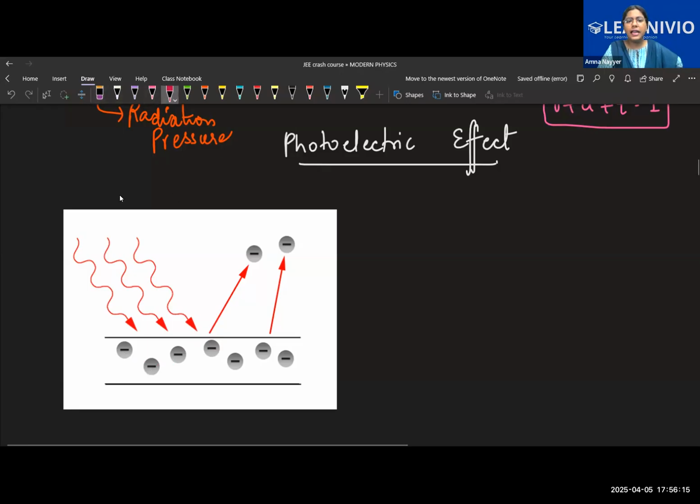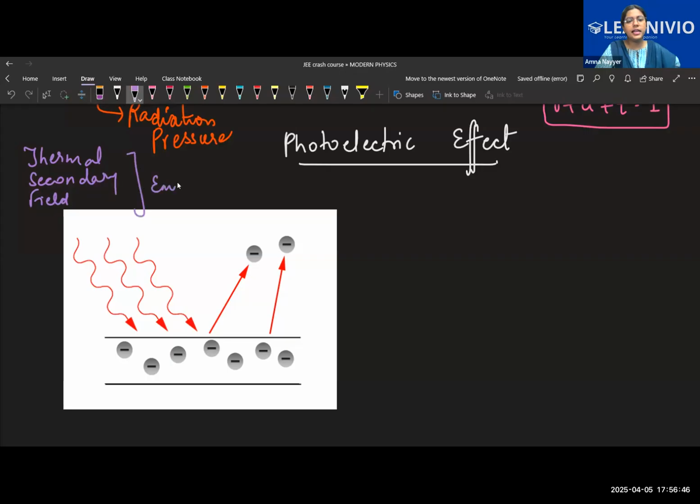Likewise, when cold cathode rays are there, cold cathode rays produce an electric field that ejects the electrons, that is field emission. So you have various types of emissions. You have thermal emission, you have secondary emission, you have field emission.